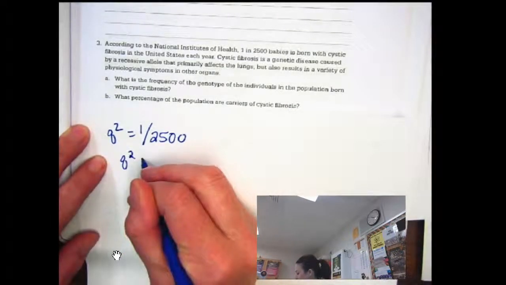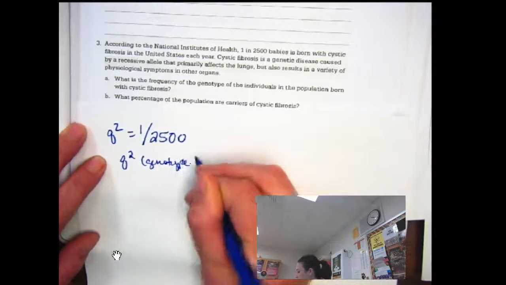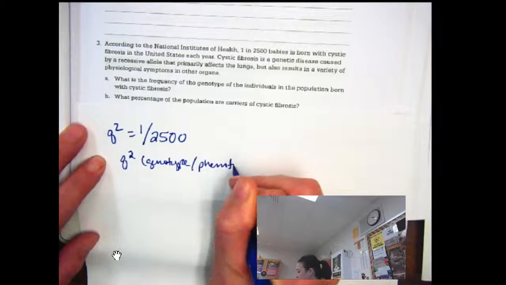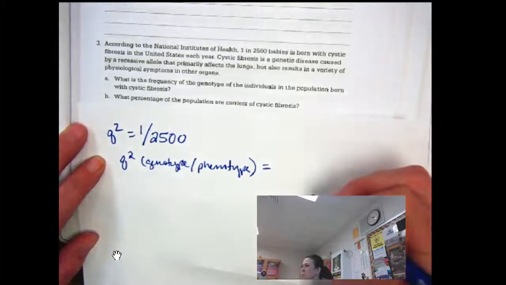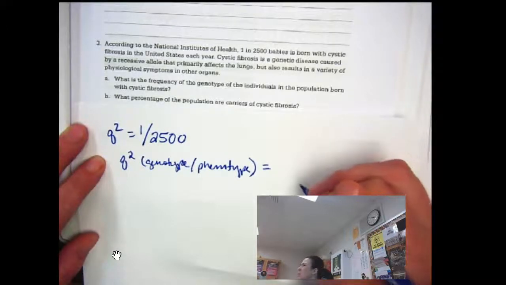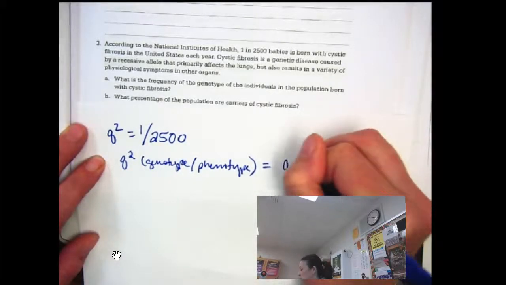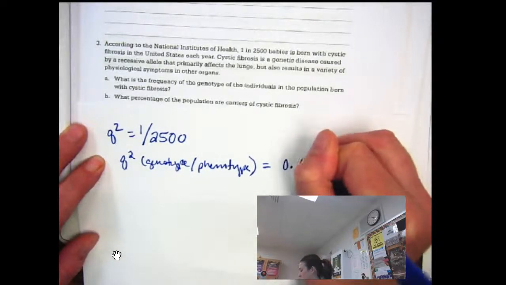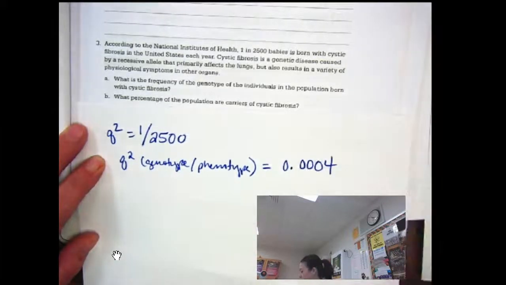This would be the genotype and the phenotype, because it's a recessive disorder. What's 1 divided by 2,500? 0.0004.